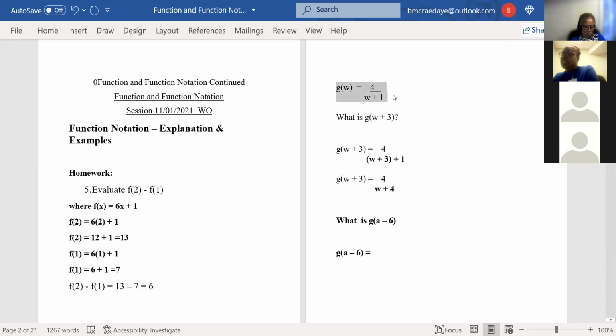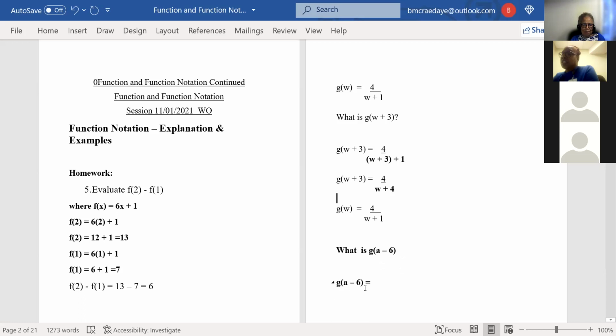Using that same function, g of W. Okay, so it's the same function I had up here, except you're looking for g of A minus 6. So what would I have on the right side? Here's the function: 4 divided by W plus 1. Where you have a W, you want to put A minus 6. So it's going to be g of A minus 6 equals 4 over A minus 6.